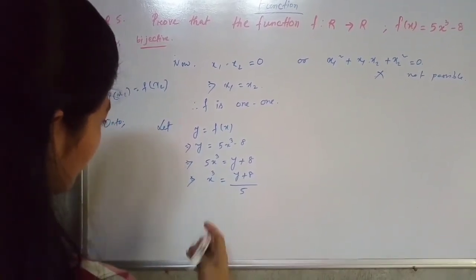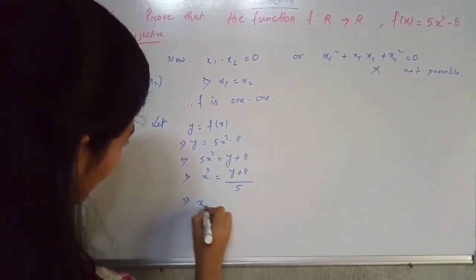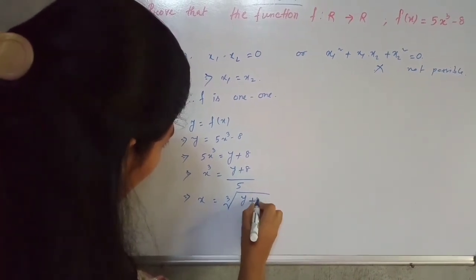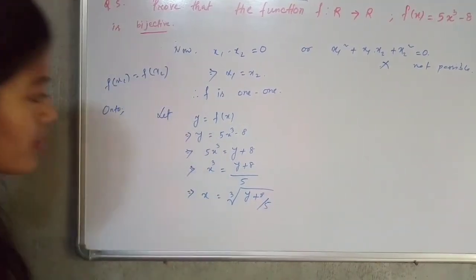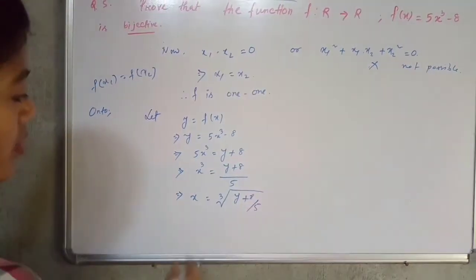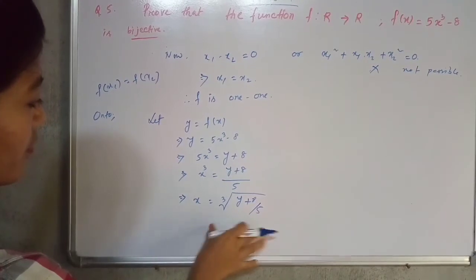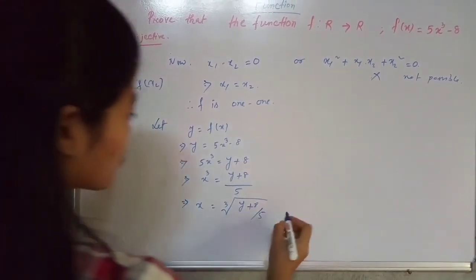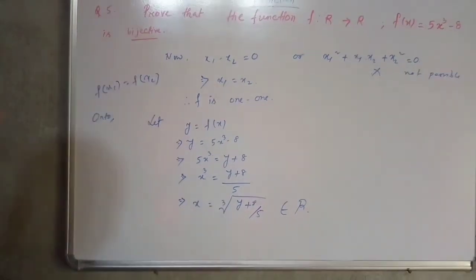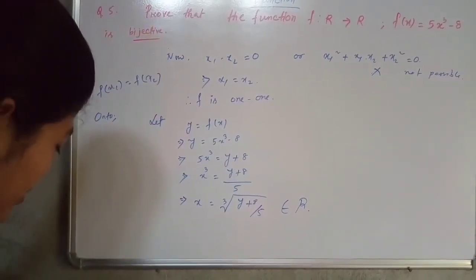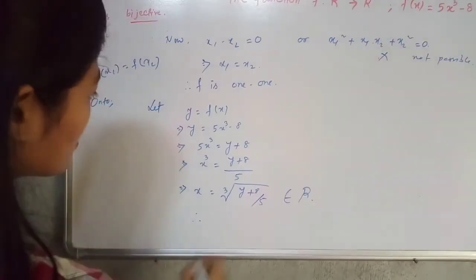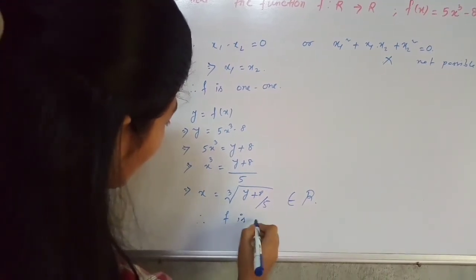Therefore, x equal cube root of y plus 8 by 5. For any y belonging to the real numbers, x equal to the cube root of y plus 8 divided by 5 obviously belongs to the real numbers. Therefore, here codomain and range are equal. Hence, the function f is onto also.